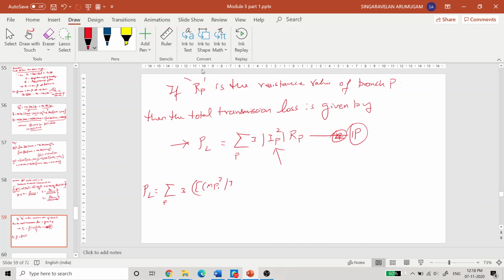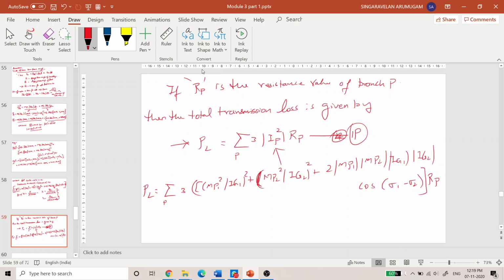MP1 square Ig1 whole square plus MP2 square Ig2 square plus 2 MP1 MP2 Ig1 Ig2 cos(del 1 minus del 2), and then we need to do this RP.